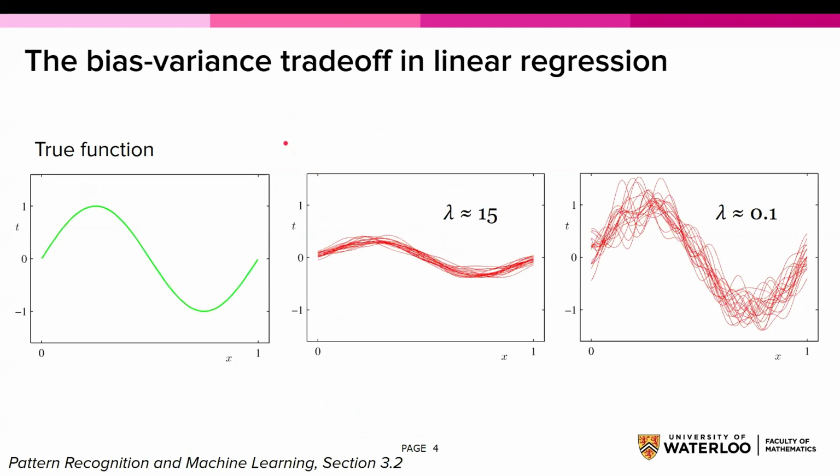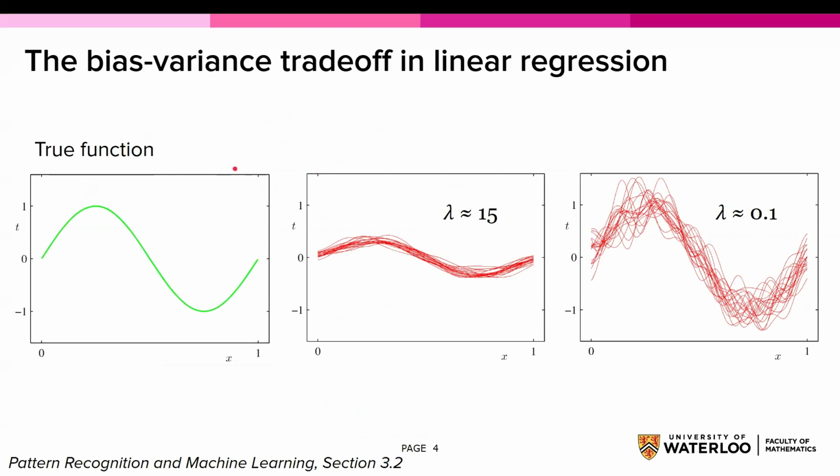And in ridge and lasso regression, we had the regularization hyperparameter lambda that penalized the norm of the weights. These figures here were taken out of the Pattern Recognition and Machine Learning text.